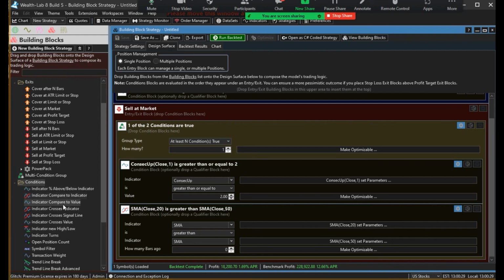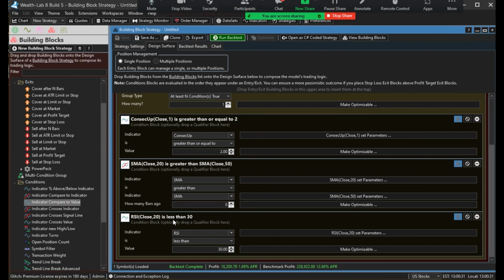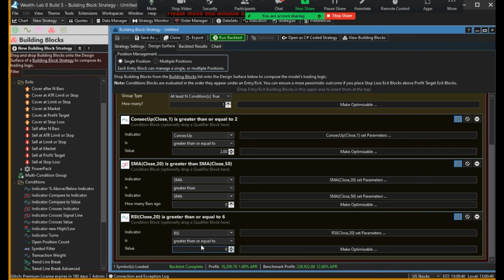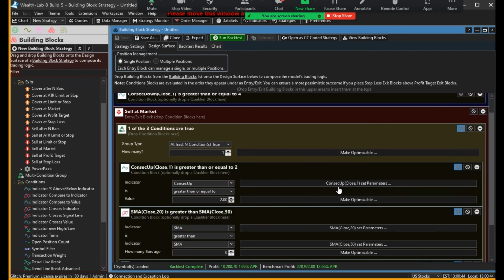Let's see, maybe when the RSI is above an overbought level, let's say 60, just for this example. So now we have three conditions in this multi-condition group.